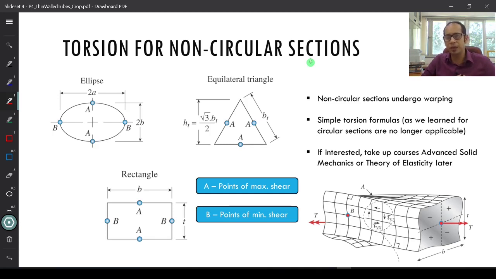Remember we discussed that for the rectangular section you undergo warping, so that your section is not perpendicular to the longitudinal axis anymore. And if you have other kinds of sections, for example ellipses, triangles, equilateral triangles, or a rectangle, you will see that different points have maximum shear and different points have minimum shear. So I encourage you, if you want some pleasure reading or fun reading, to go ahead and read on some of these topics.